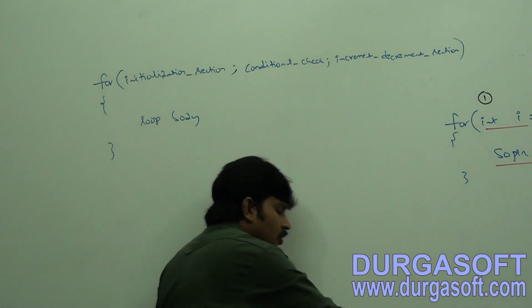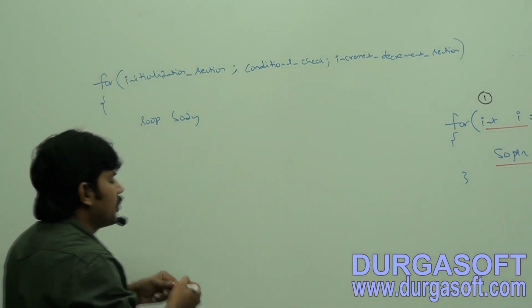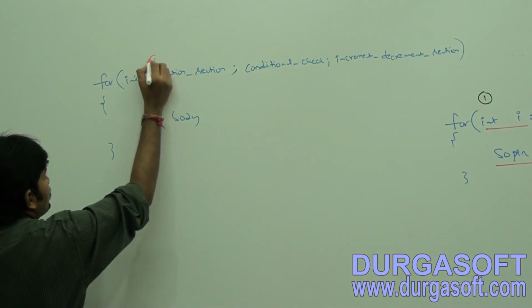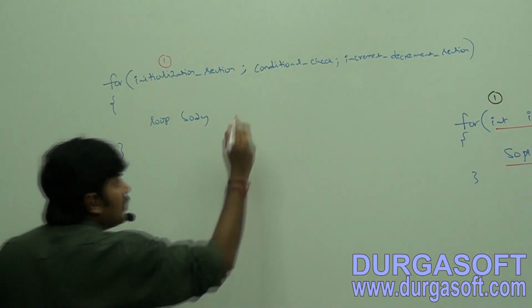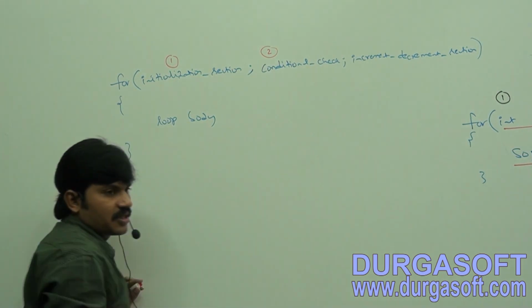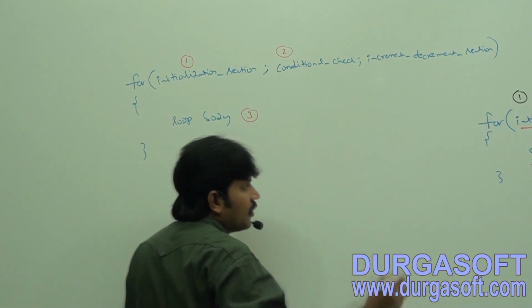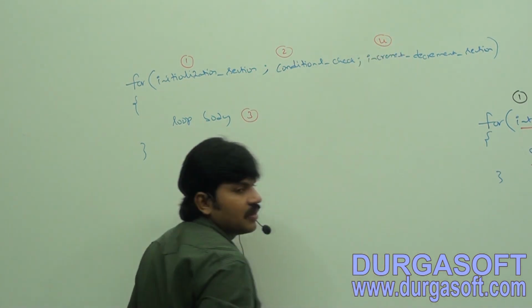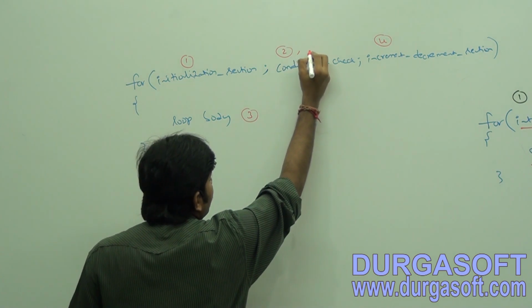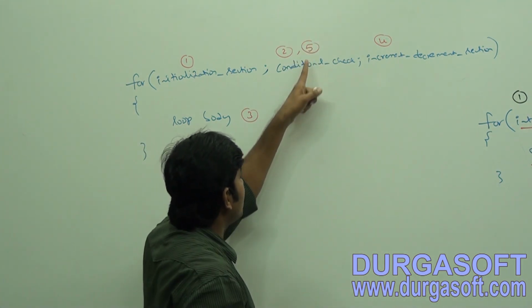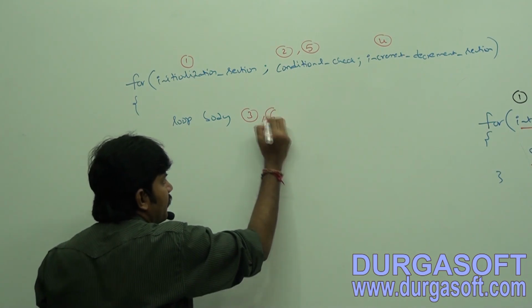Now can you tell which one will be executed first? First the initialization section, then the conditional check. After that, the loop body, and then increment or decrement. Then the condition check again; if it is true, once again the loop body.